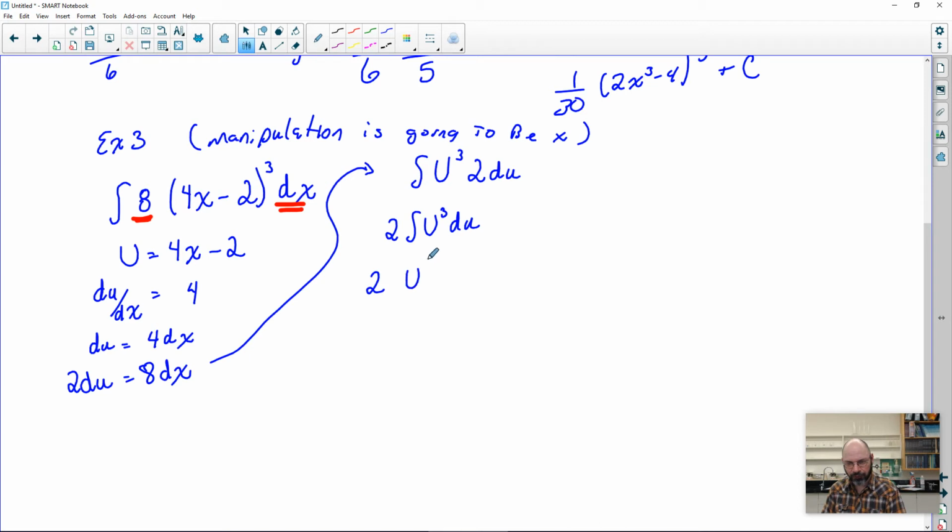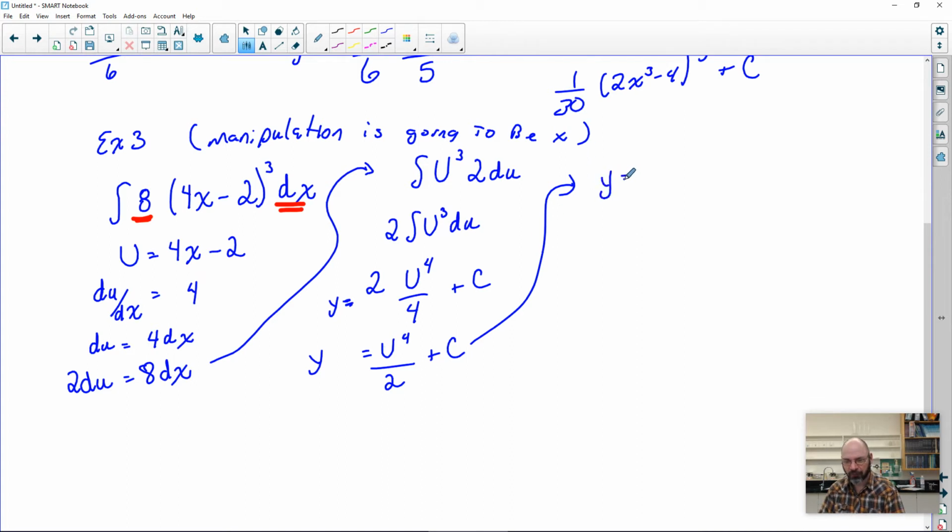So u to the 4th over 4 plus c. Simplify: 2 times u to the 4th over 4 is u to the 4th over 2. y equals, I keep forgetting after we integrate, we should put the y in there. y is u to the 4th over 2 plus c. Then finally we put this u back in terms of x.